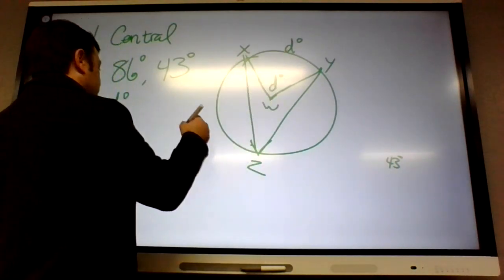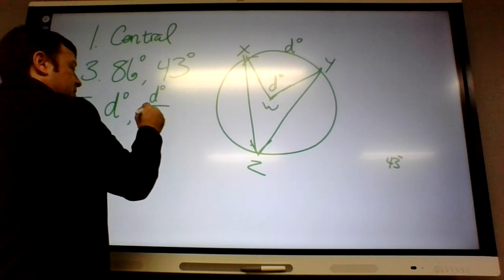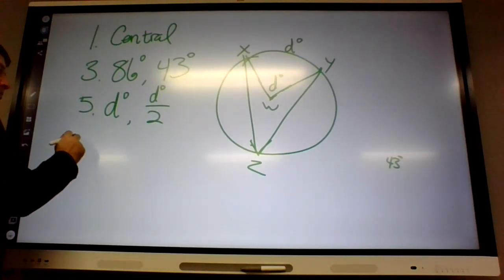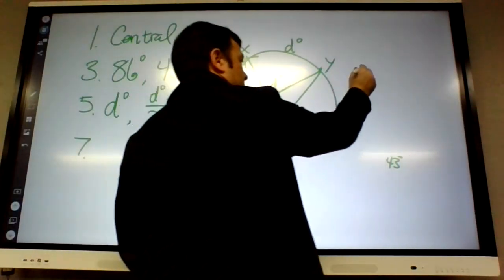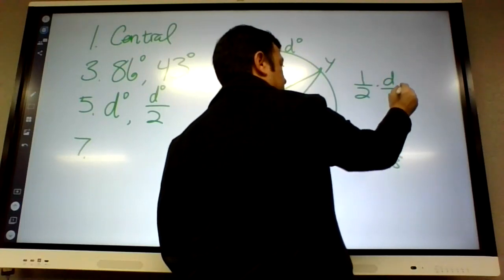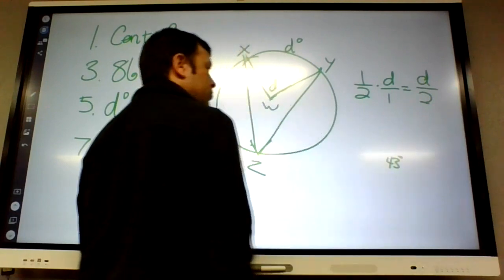D divided by 2. Yeah. You could say 1/2 D, or you could say D divided by 2. Same thing. One half times D equals D over 2.